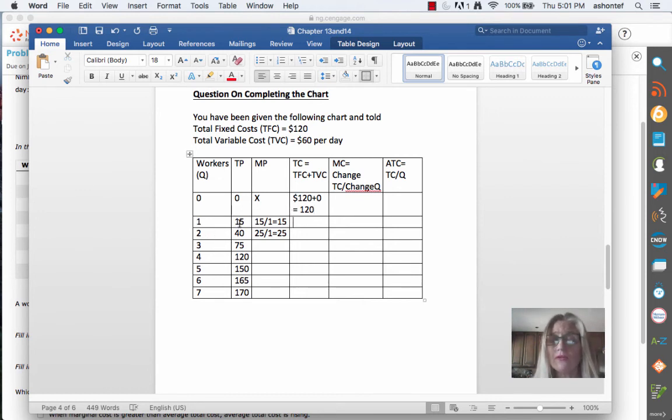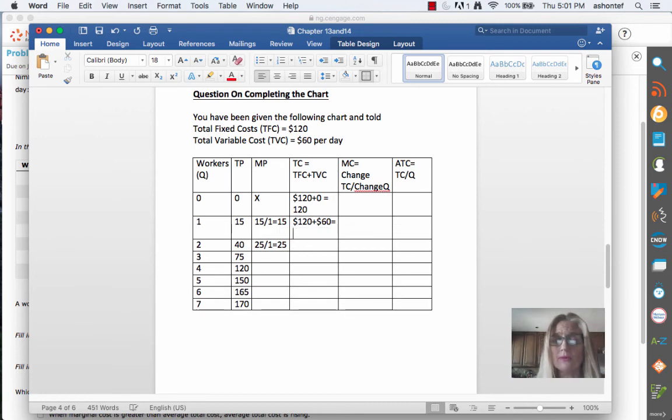Here, for 15 units of output, our costs would be the 120 in fixed plus the variable cost, so we would have 1 worker making that $60, so plus $60 would equal 180. And then continuing over, we would do our marginal cost and our average cost.